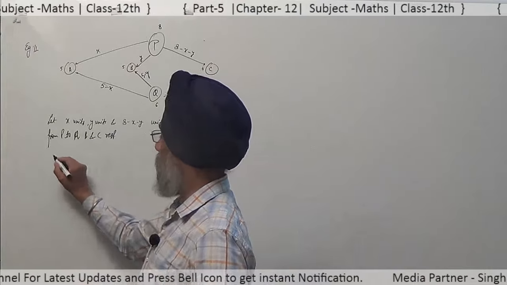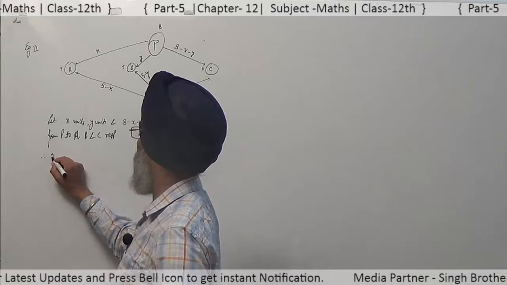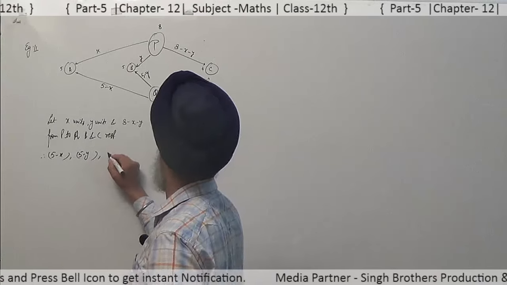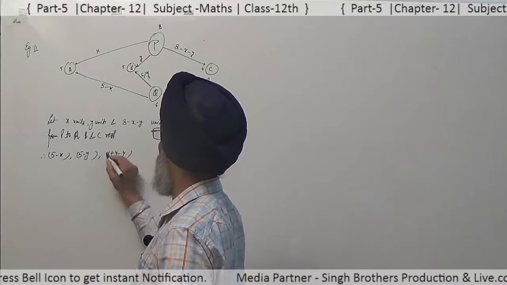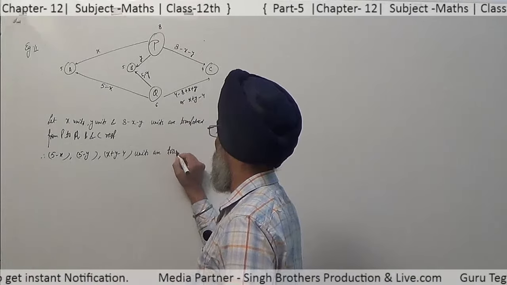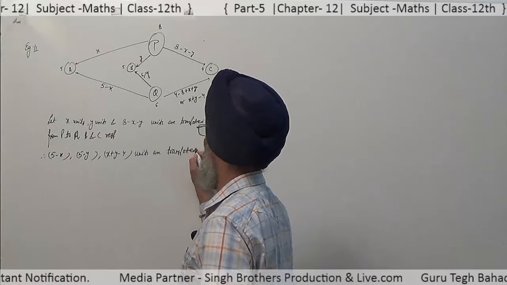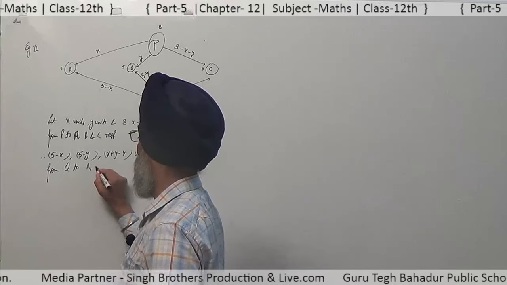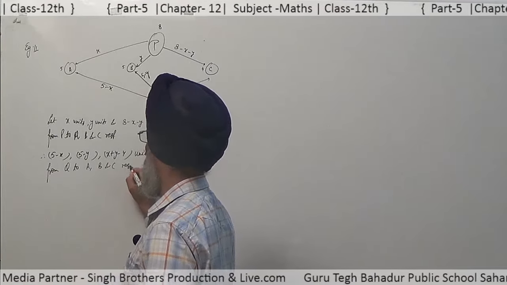Therefore, 5 minus X, 5 minus Y and X plus Y minus 4 units are transported from Q to A, B and C respectively.